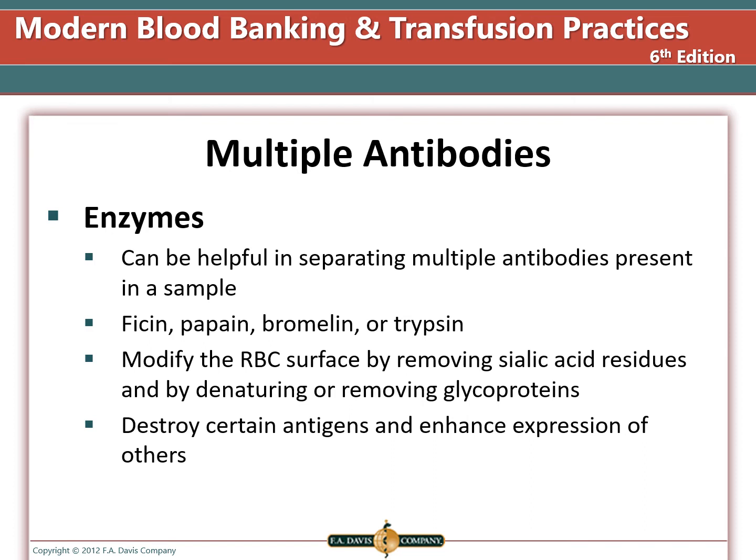But by comparing the reactivity of the two panels, this can help you see the multiple antibodies more clearly. Some of the enzymes include ficin, papain, bromelain, or trypsin. These enzymes modify the red cell surface by removing sialic acid residues and by denaturing or removing glycoproteins. The enzymes will destroy certain antigens while enhancing the expression of others.